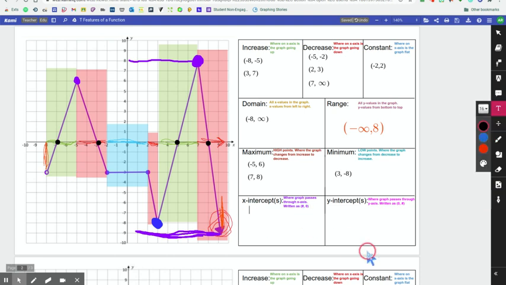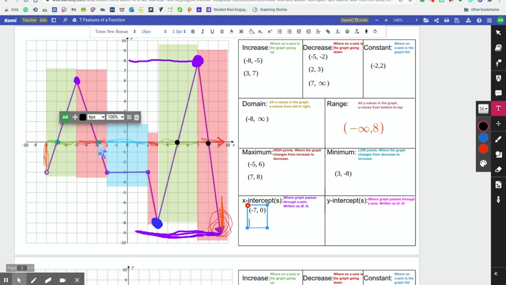So looking at this first one here, what number is it passing through at? -7, and we write that as -7, comma 0. That's the first point. What about this next guy? How would we write this next guy? Beautiful, -3, comma 0.